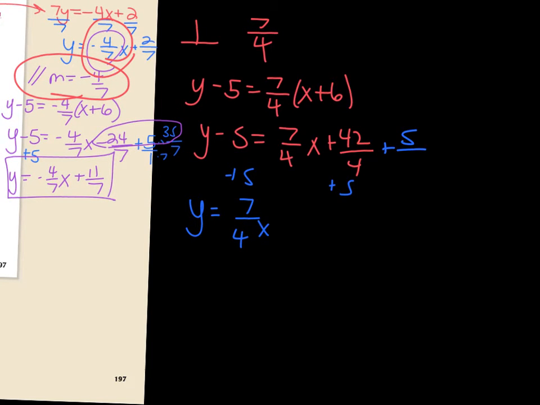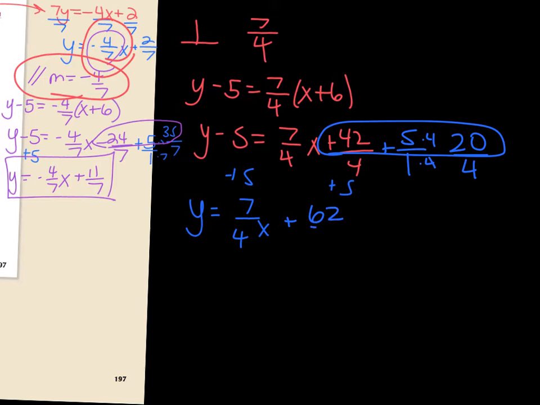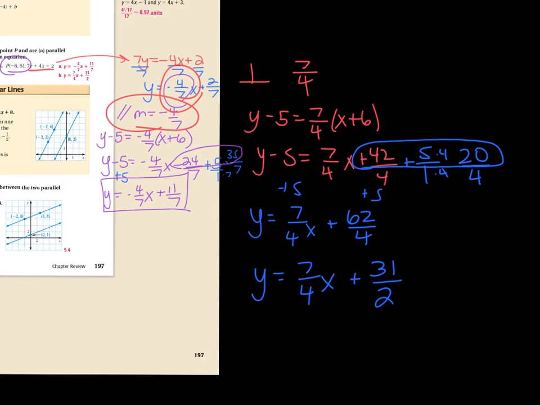So plus 5 over 1 would get multiplied by 4, and I'd get 20. 42 plus 20 would be 62/4, which is going to get reduced to 31 halves. And that would be if it's perpendicular.